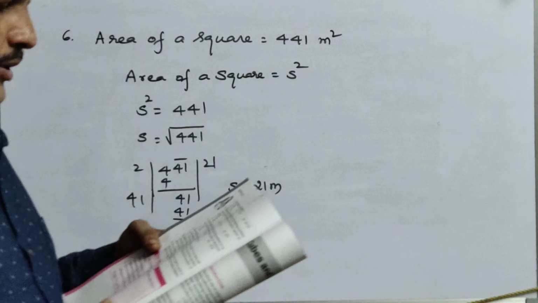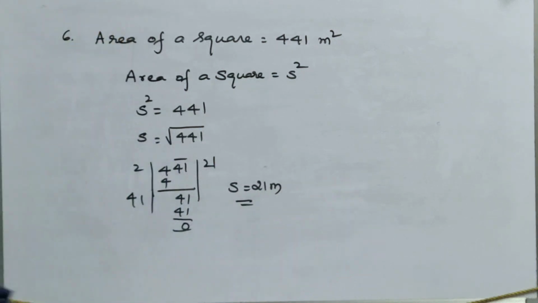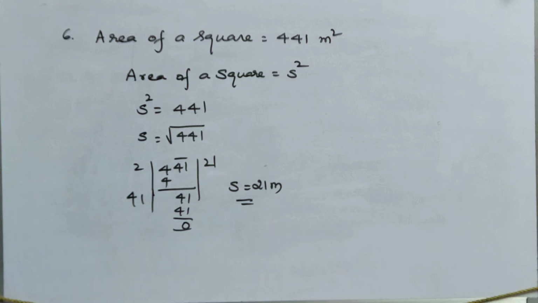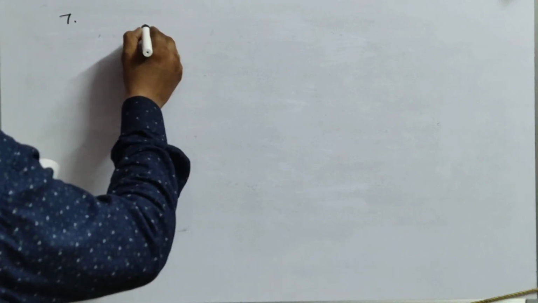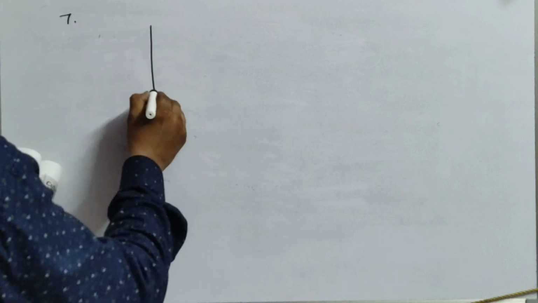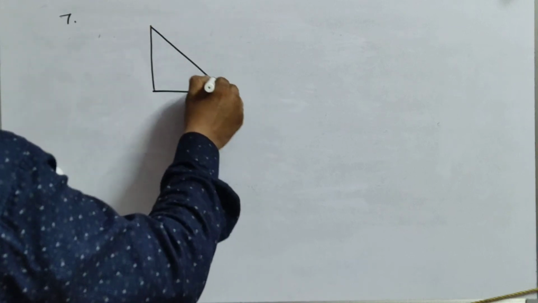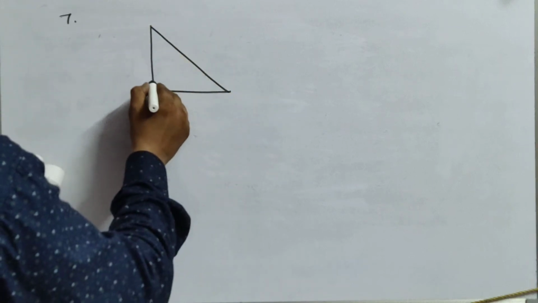Okay. Coming to the next, the 7th question. If you observe the 7th question very clearly, it is easy, which is already explained by me. Okay. See the 7th question. In a right angle triangle ABC, right triangle, okay. So ABC is a right triangle here, and angle B is 90.